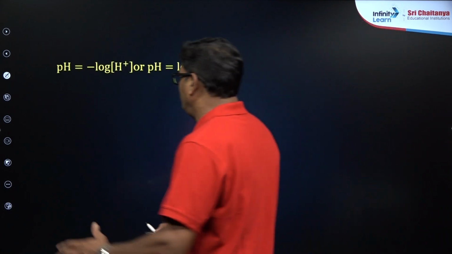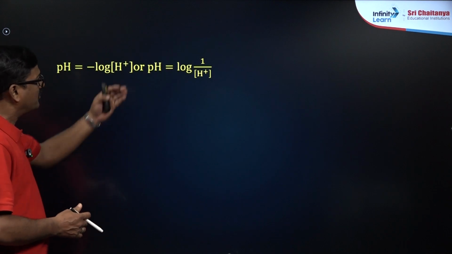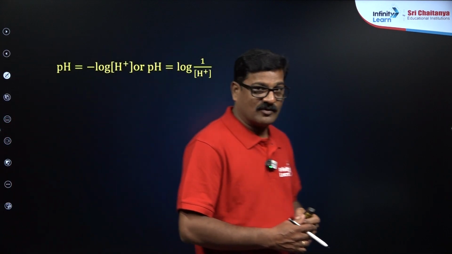Get ready. pH is equal to the negative logarithm to the base 10 of H plus ion concentration, or you can say pH is equal to log 1 by H plus ion concentration.